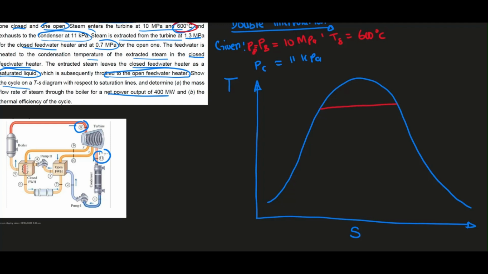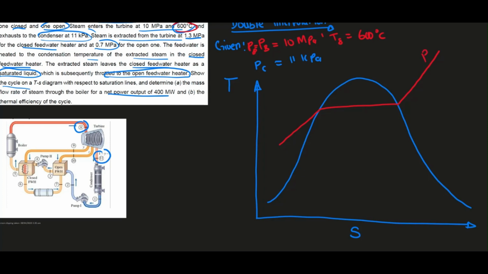Now constant pressure lines look like this on a TS diagram. So that's a constant pressure line. So all throughout this line, the pressure is 10 megapascal. Okay, cool.